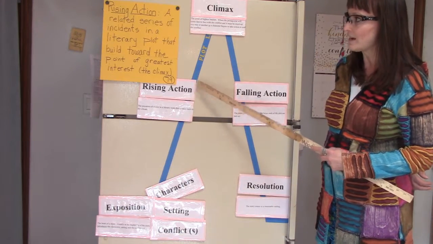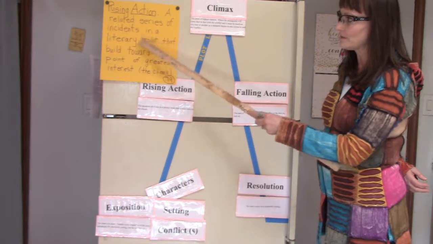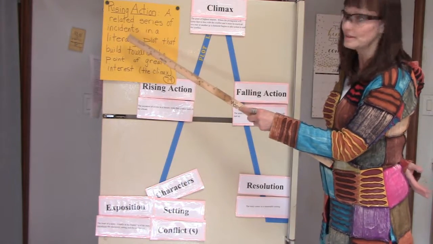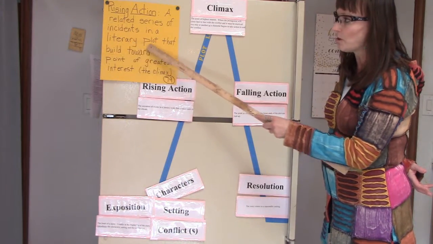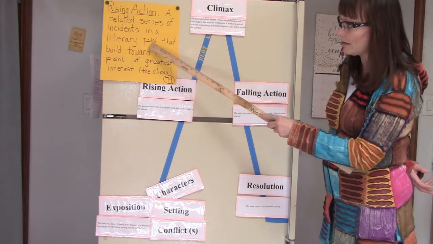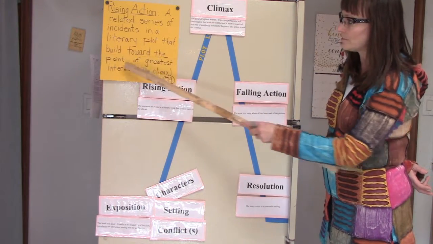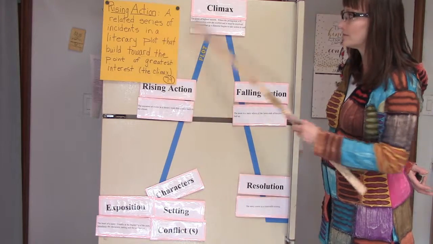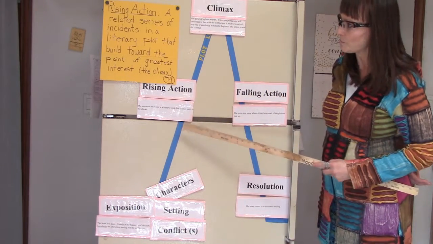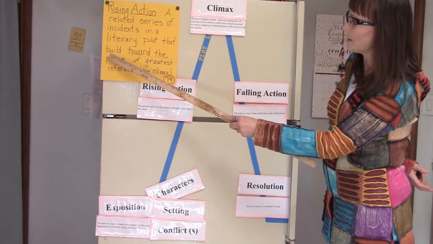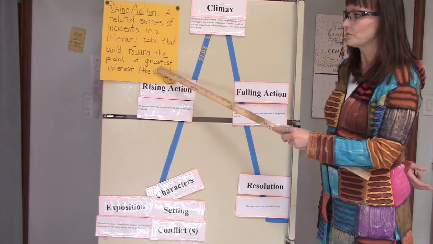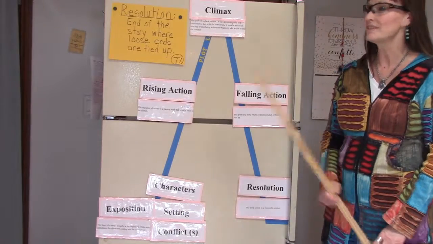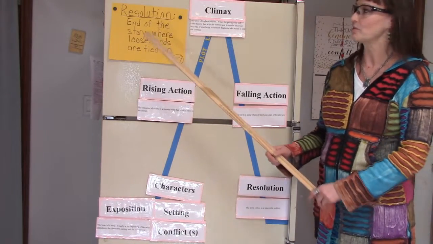So your rising action is a related series of incidents, all the things happening in a literary plot, in a story, that build towards the point of greatest interest, the climax. So just remember, rising action is the one that builds towards the point of greatest interest, which is the climax.